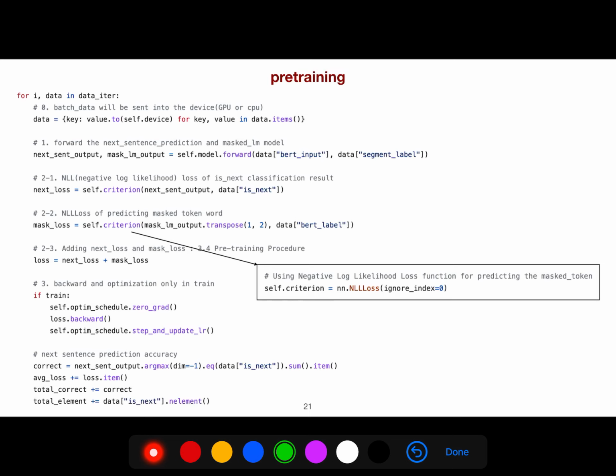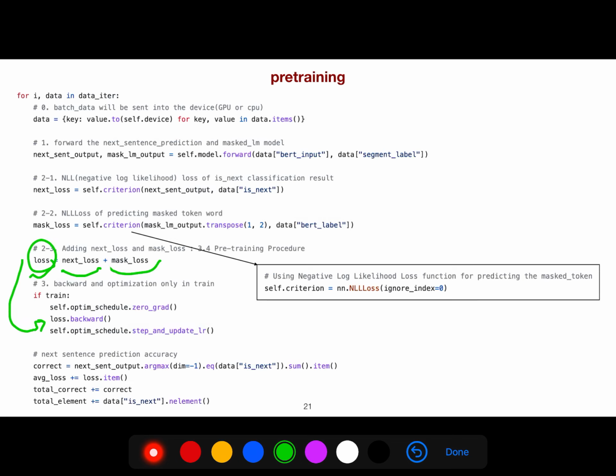The important thing is that because pre-training in BERT is composed of both the mask loss and the next sentence prediction loss, we add them. The total loss goes to the backward pass and backpropagation, and updates the parameters.